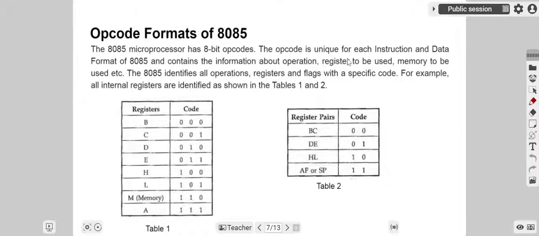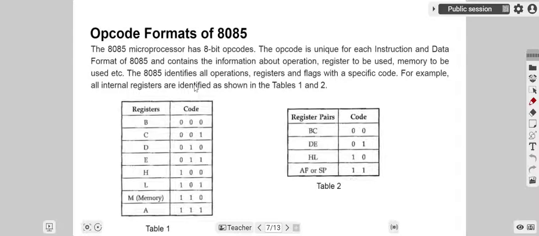The opcode is unique for each instruction and contains the information about the operation, register to be used, memory to be used, etc. So which register is to be used, which operation is being performed, what kind of memory is being used, all that information is specified by the opcode, which is the unique part of any instruction.